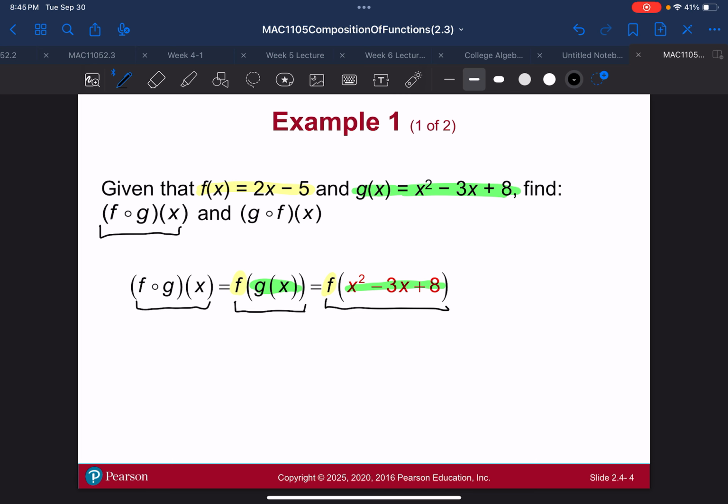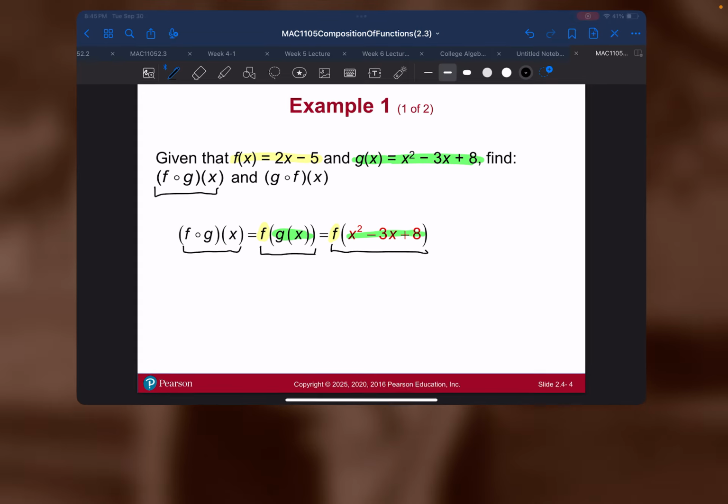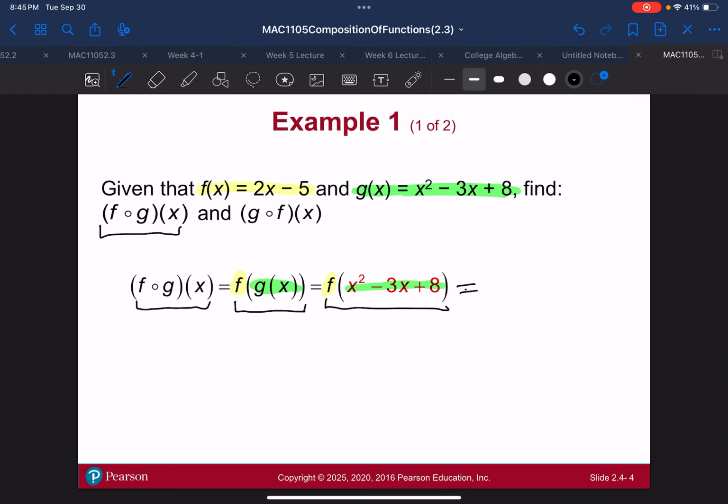So far this is just all notation. It's just kind of telling me what to do. So now I'm going to take everything that's in g and plug it into f. So this would be equal to 2 times x squared minus 3x plus 8 minus 5. So again, that's just me taking g of x and plugging it into f everywhere I see that x.